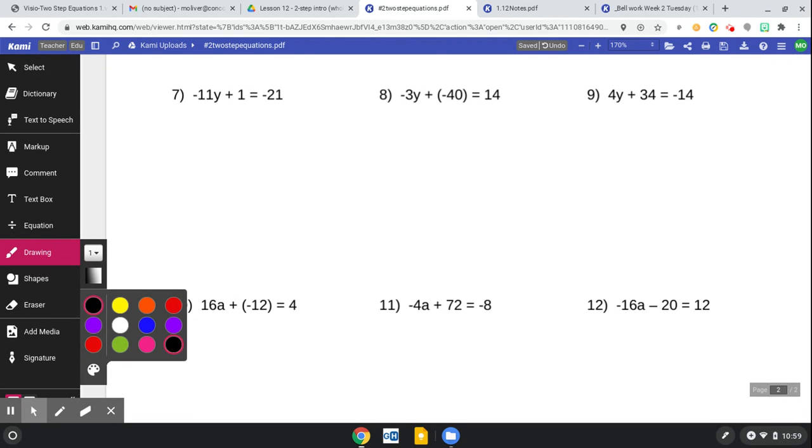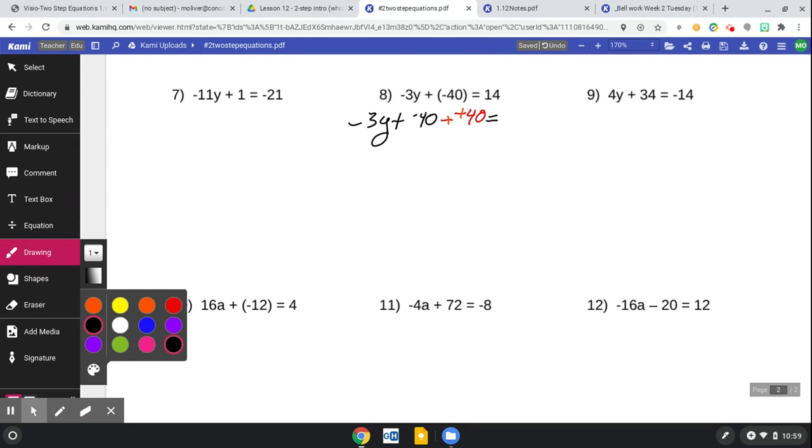Okay. So if I wrote this as negative 3y plus a negative 40, what's the opposite of adding 40 or negative 40? Subtracting a negative 40. But whoa, hold up a second. Add your opposite.